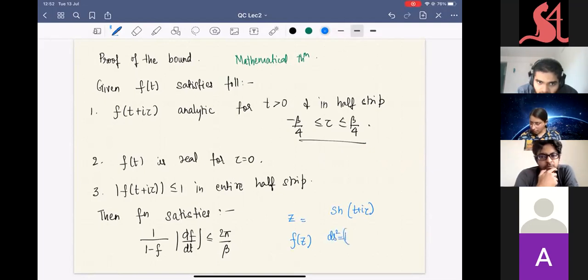I don't remember the exact form. There is a mathematical property of these hyperbolic functions, so if the function satisfies these three conditions, then this is satisfied.